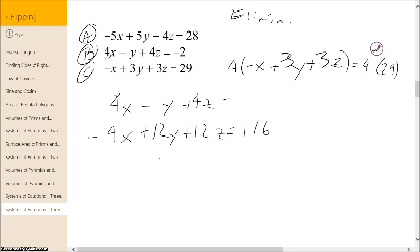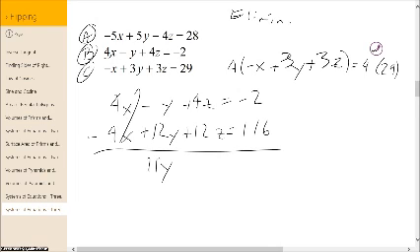And then I shall combine these two. These guys cancel, the x's are gone. Yay! Negative y plus 12y gives us 11y. We got 16z right there, and these guys combine to be 114.